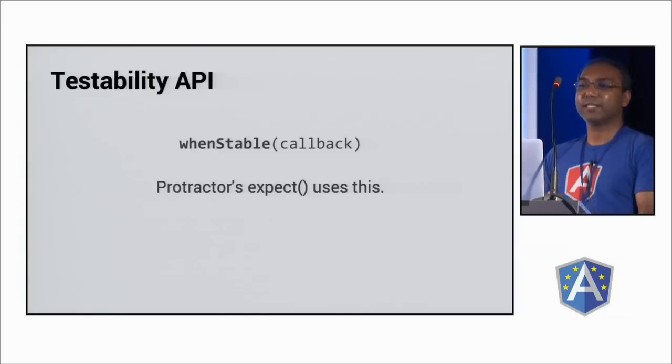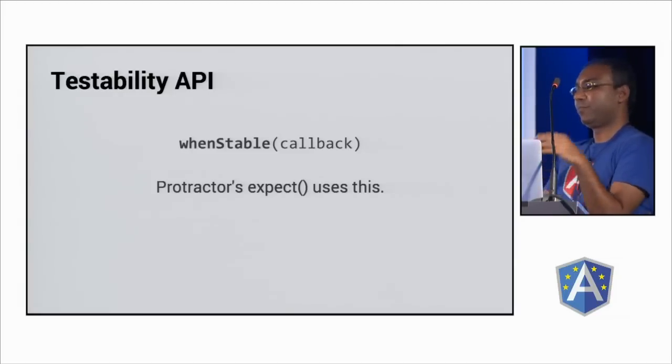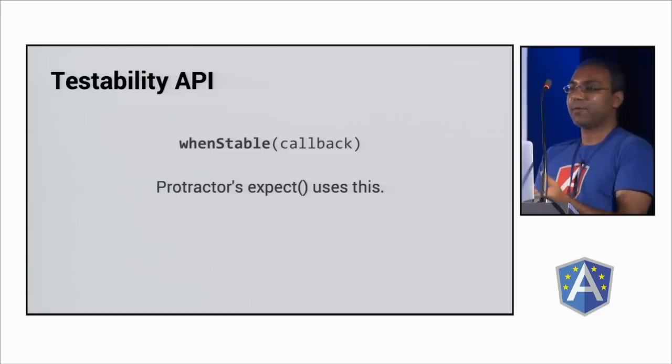You don't have these timeouts you had to specify somewhere. So when you say, hey, click this button, and now expect that the text below it that has this binding is going to be this specific value, Protractor can wait the exact amount of time that it takes for that text to get rendered based on whatever asynchronous stuff needs to happen, and wait no more.